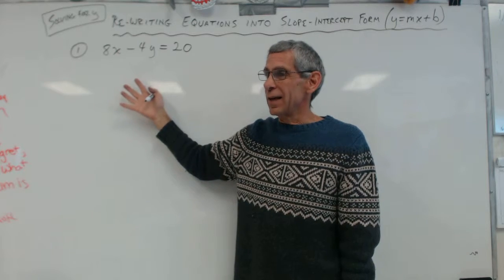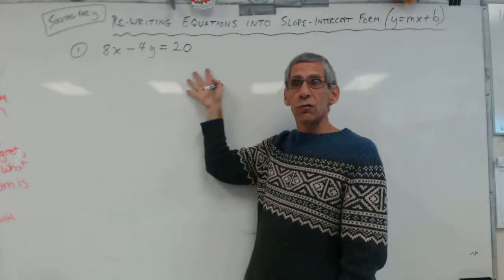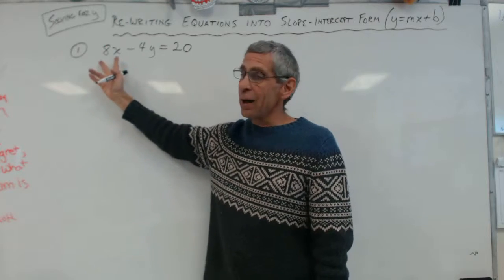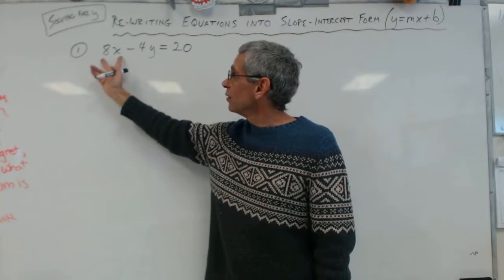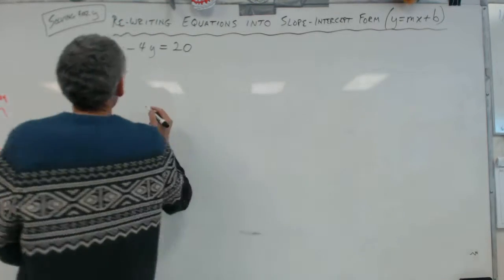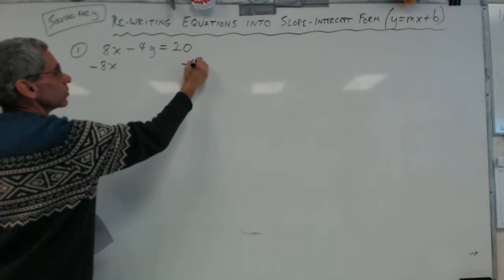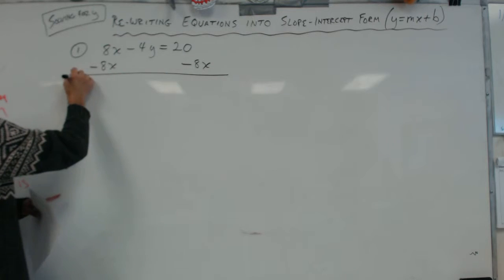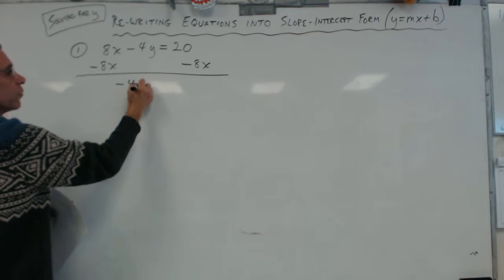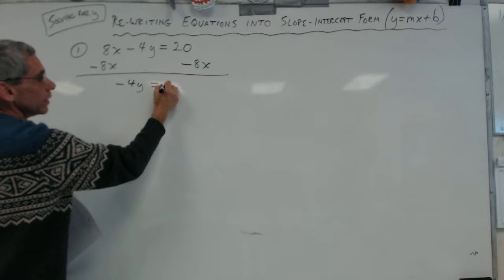And I'd rather not do that now. I'd rather move things over first. Just get in the habit, trust me, get in the habit of moving this over first, right? I'm not going to go into a large explanation on this. I'm just telling you this would be definitely the easiest way to do it. And then suddenly I have my negative 4y is equal to negative 8x.